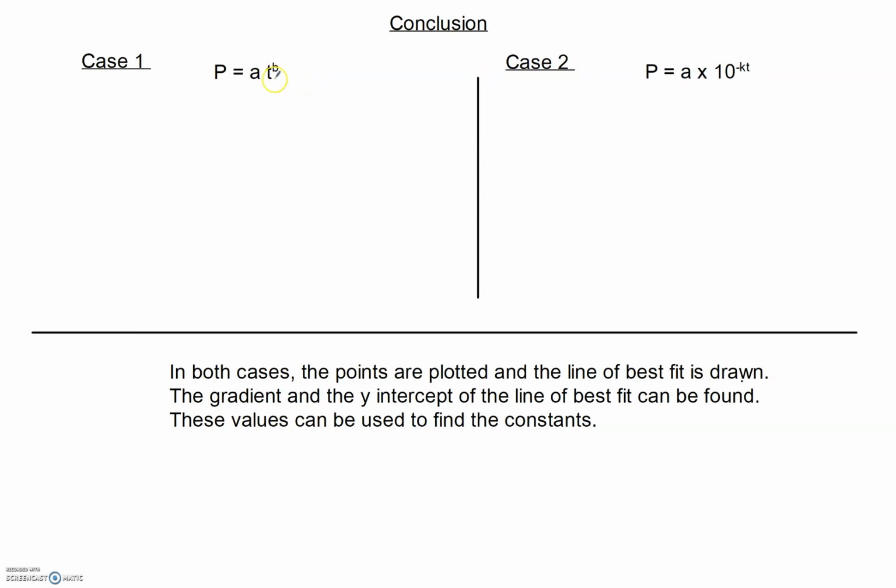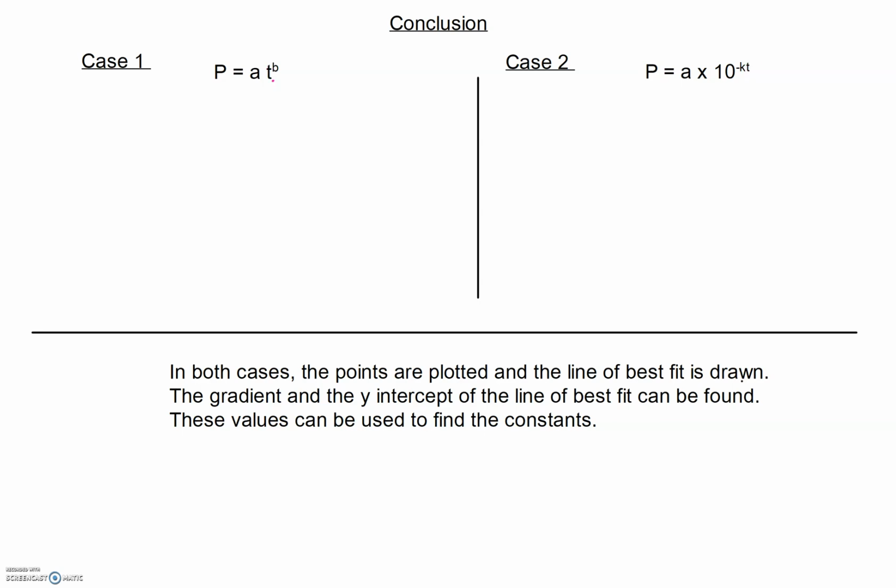And we know that the key difference is the positioning of the variable t, which is either as part of the base or as part of the power. And the positioning of the second variable is very important because that dictates which logarithms we need to use.